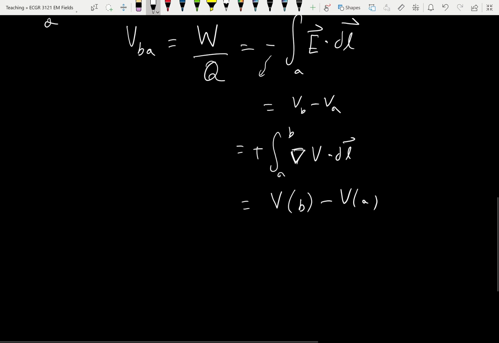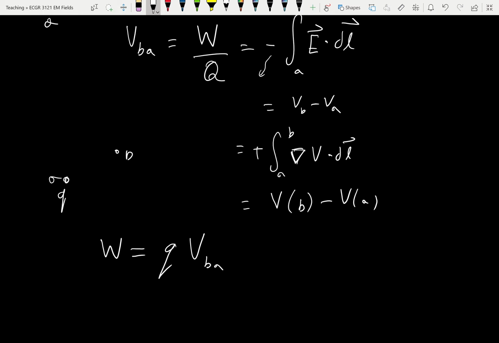So the key relationship here is that the work or the energy is just the charge. You know, I prefer to use small q for those things, right? Times the voltage. So if I move a charge from point A to point B, the key insight from the voltage is that the work needed to move the charge from point A to point B is just q times the voltage.